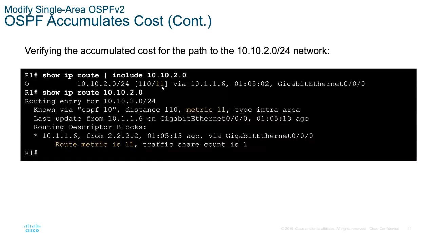So we need to determine which protocols we trust over others. In other words, is OSPF better than RIP, for example? Yes. So it has a lower administrative distance. So it will be used over RIP, for example. RIP's 120.